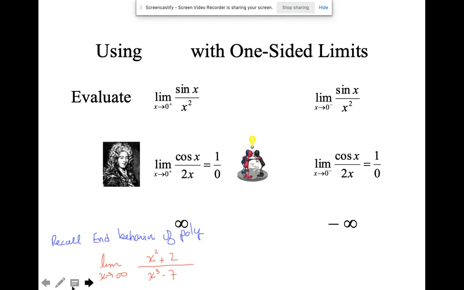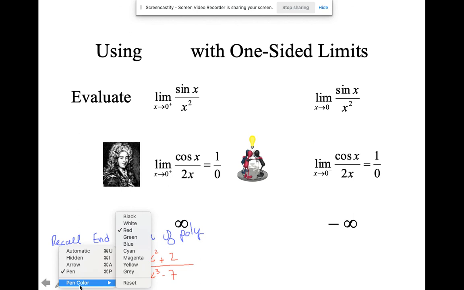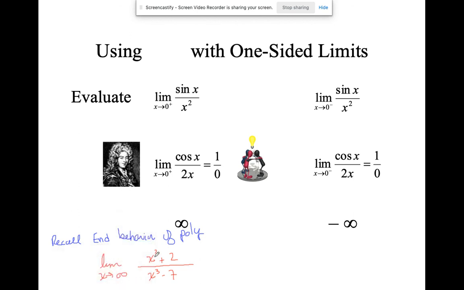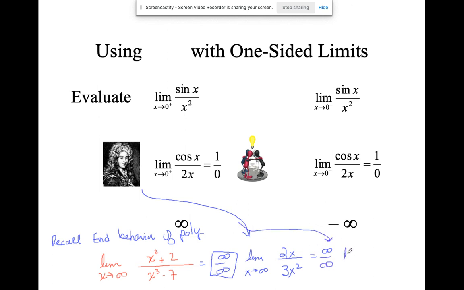Well, let's pretend you didn't know that. If you plug in infinity, isn't this infinity over infinity, which is L'Hopital, which means you can bring Guillaume to the situation? Which is still infinity over infinity, which means you can still bring Guillaume to the situation.